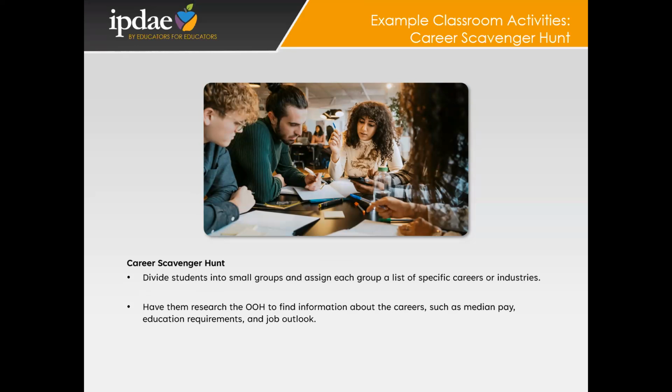The list can include diverse professions from various sectors to offer a broad perspective. Students can then navigate to the Handbook website to locate information about these careers. The hunt could involve finding specific details about each career, such as median pay, education requirements, and job outlook.